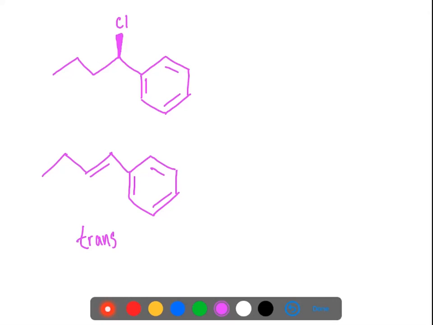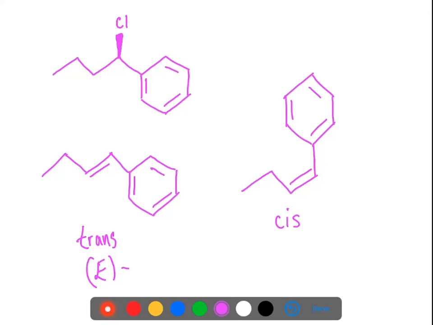You could also refer to this as the E. And also we will have the cis isomer, as shown, and this could also be referred to as the Z configuration.